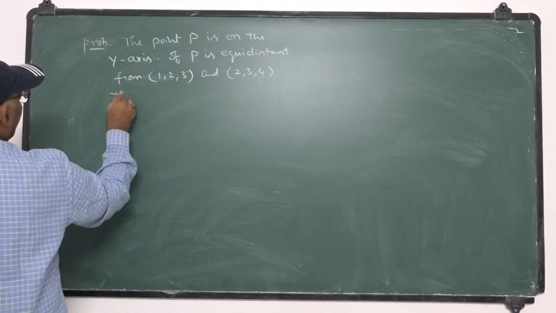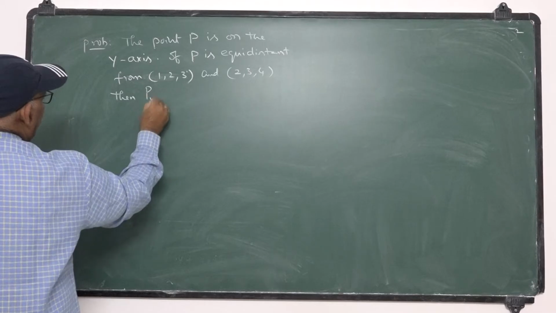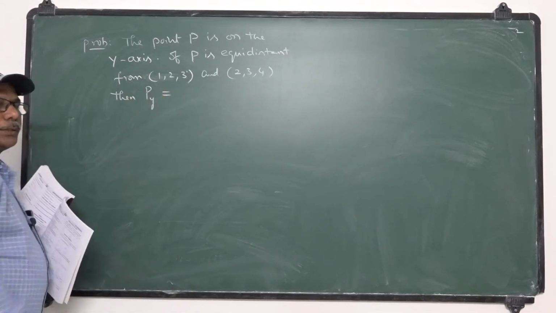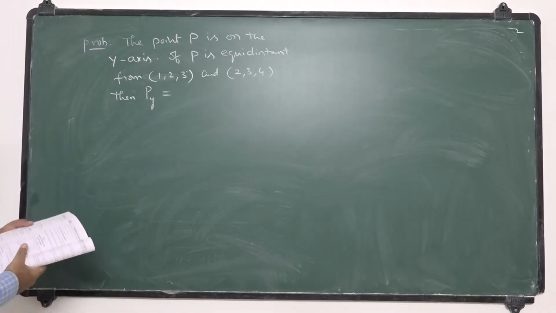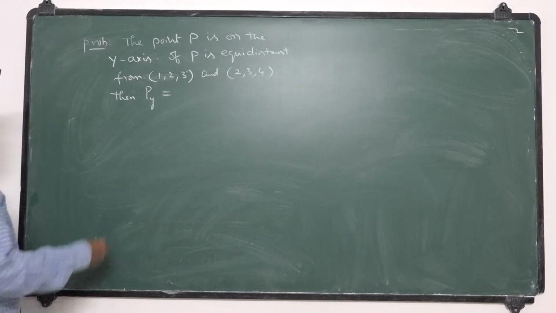Then find the y coordinate of the point P. In notation, it stands for the y coordinate of the point P. The point P is on the y axis, and P is equidistant from 1, 2, 3 and 2, 3, 4. Then the y coordinate of P.